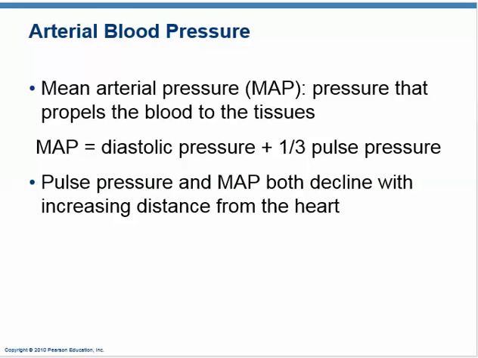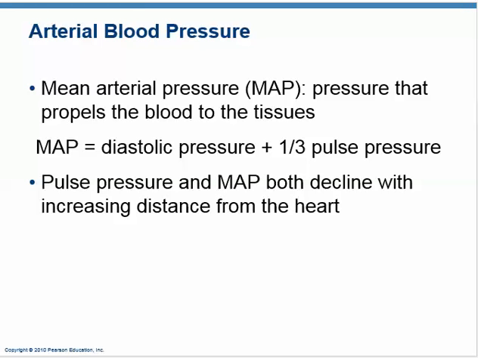And what this means is that if you want to find the average arterial blood pressure, the mean arterial blood pressure, then you have to take the diastolic pressure into account twice as much as the systolic pressure, because you're in diastole twice as long.